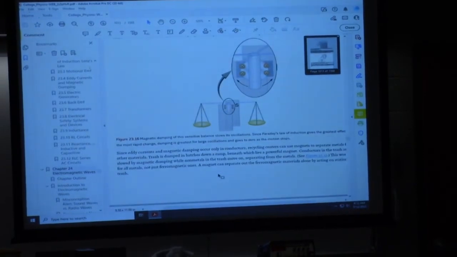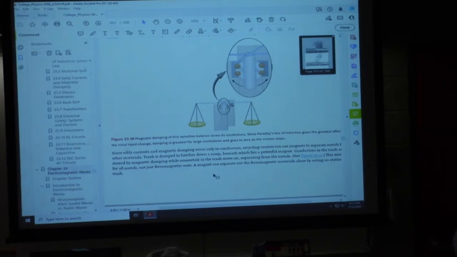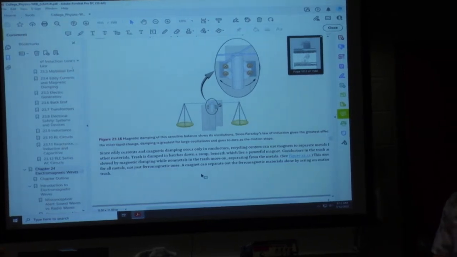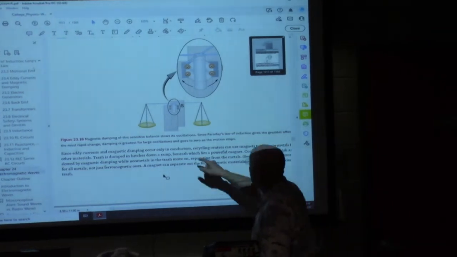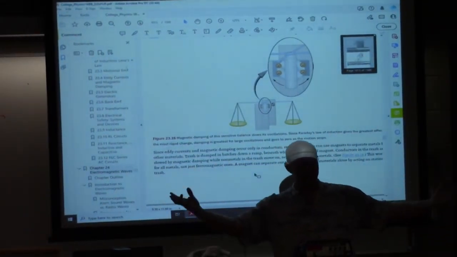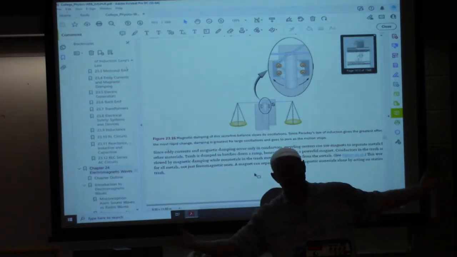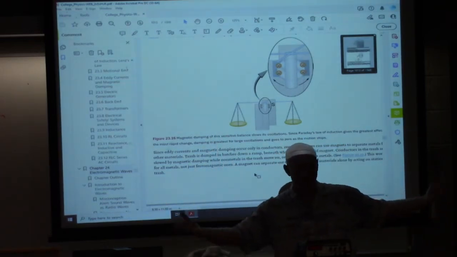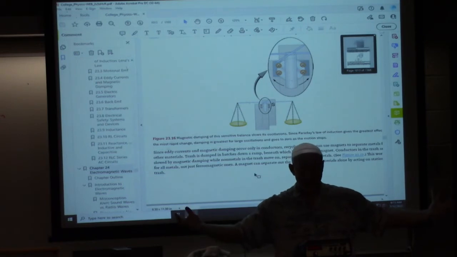Oh, by the way, some of you might find this interesting. Back to our eddy currents. This is another nice process on the fine balances. You put a little magnet near it, a little electromagnetic braking. And that way, when you go to weigh something, it doesn't sit there and teeter forever. So if there's any movement, it comes to a stop.